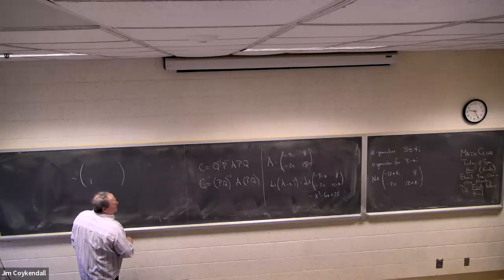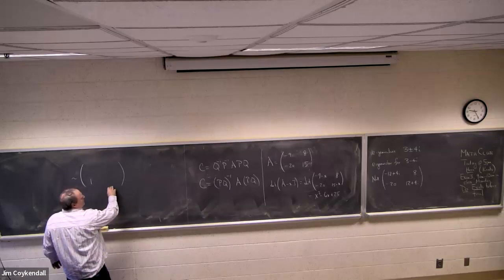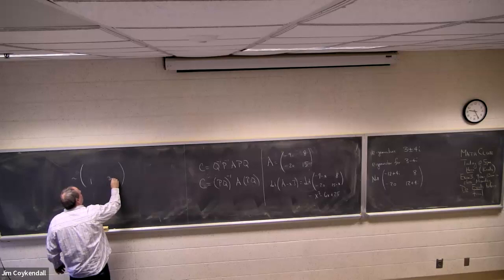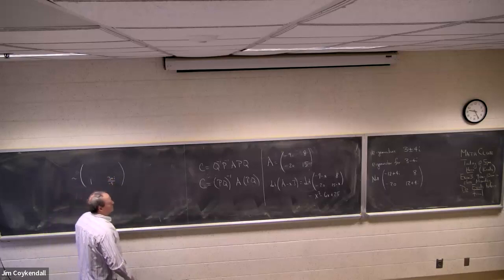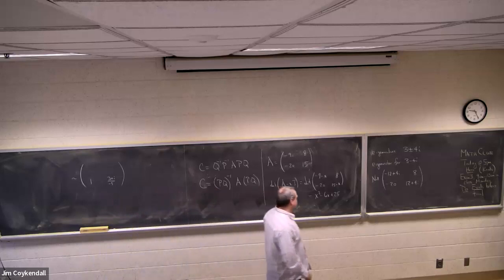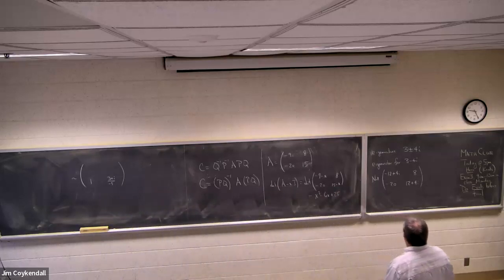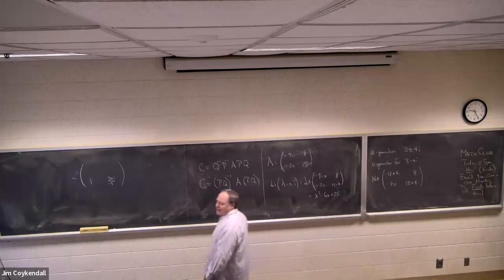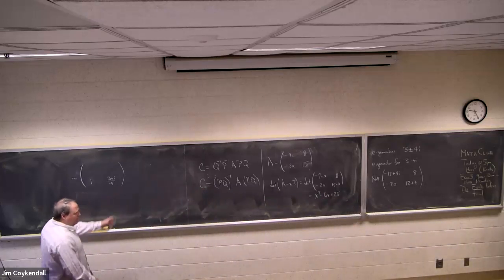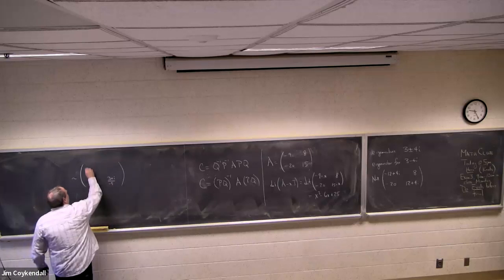And that's going to give 3 plus I over -5. And I'm going to divide by whatever that thing in the top is, -12 plus 4I.